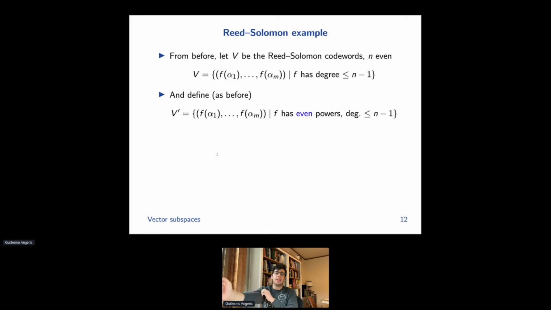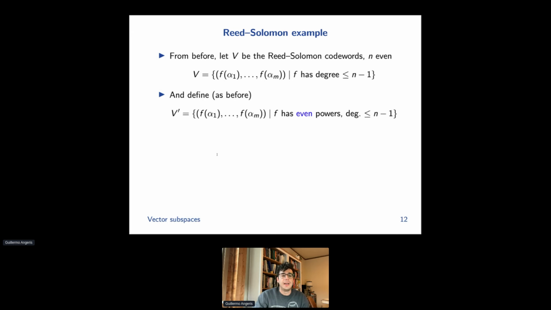Okay. So from before, we have the same vector space. The original V is defined as polynomials of degree less than or equal to n minus 1, evaluated at a bunch of points, alpha 1 through alpha n. And we have the set of even powered polynomials of degree less than or equal to n over 2 minus 1, evaluated from alpha 1 to alpha m.